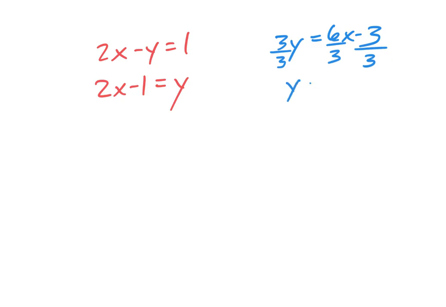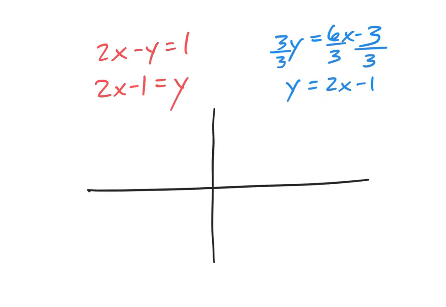So once again, y equals 2x minus 1. If I were to graph this, right away I notice that my slope and my y-intercept are the same on both. So these two equations, we probably didn't recognize it from the beginning, right?